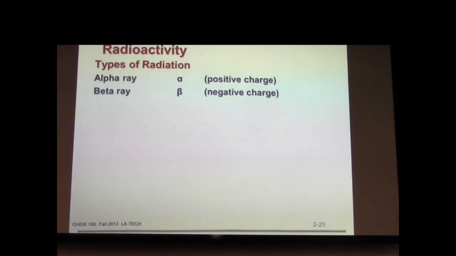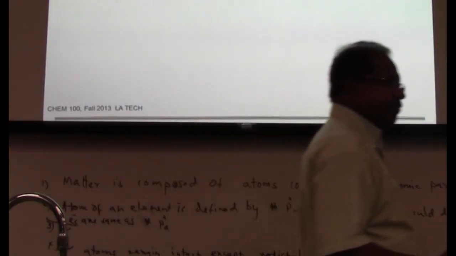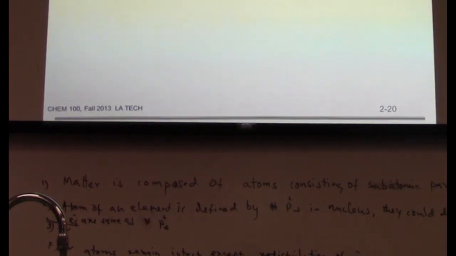Now the gamma radiation is, there's no charge, it's the energy associated with the decay of this unstable atom, all right, gamma. Now out of these, gamma is the highest frequency electromagnetic radiation.